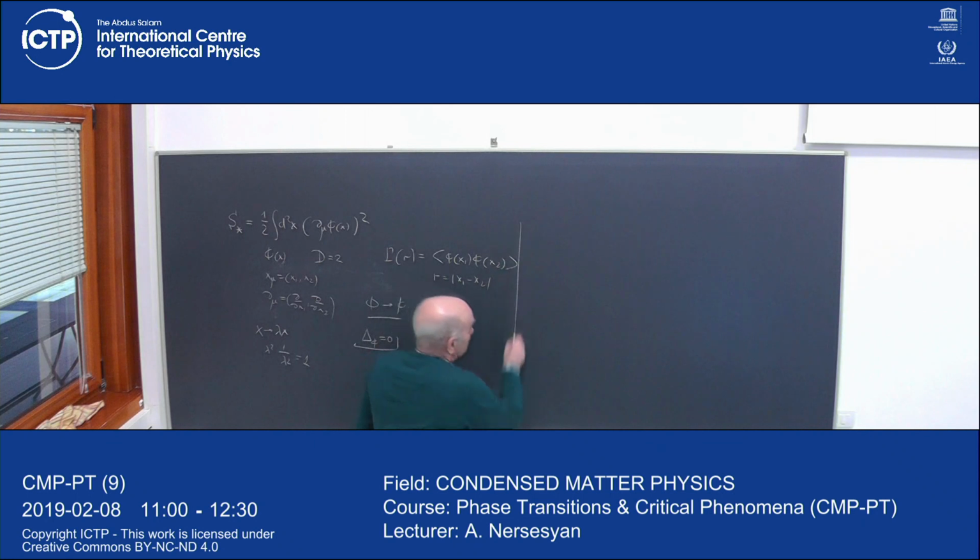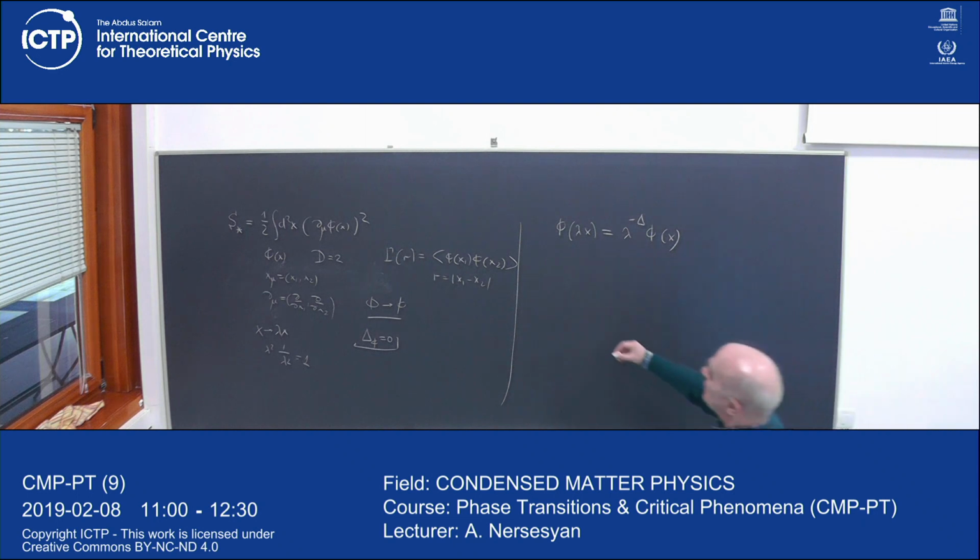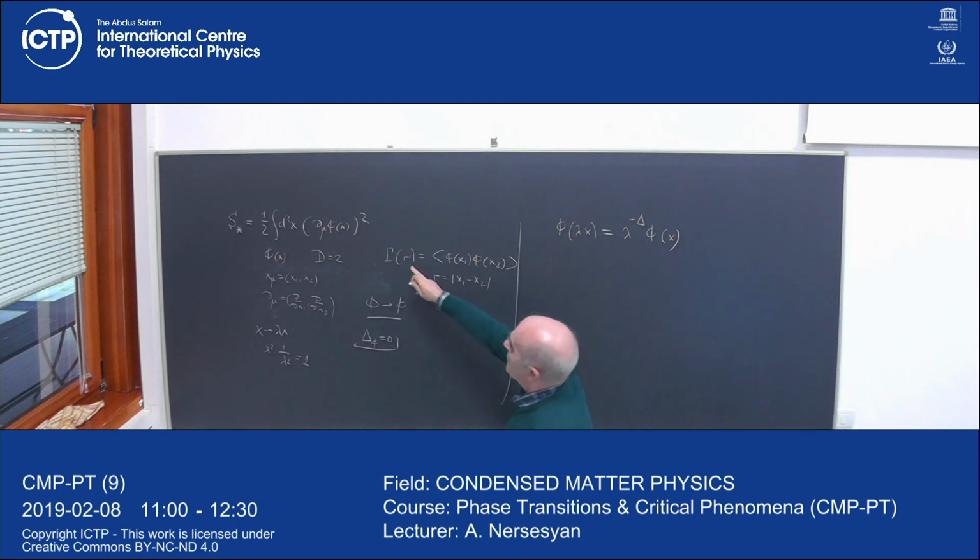Now, what we have defined, that's a definition, that if we have a field phi, which under scale transformation transforms like this, then we know how the correlation function gamma of r should behave.